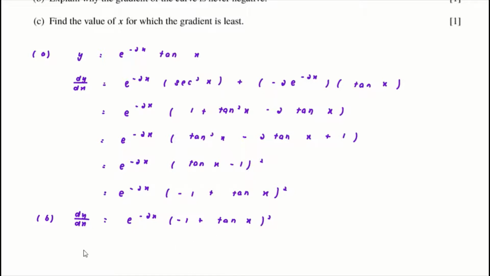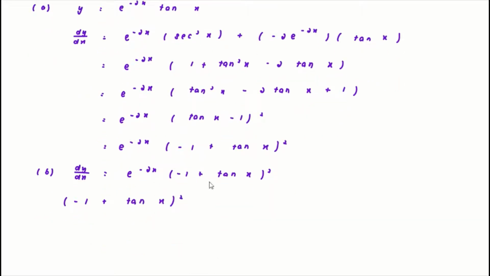Sorry, why do I keep messing that up? Negative 1 plus tan x, squared. Tan x can be any positive number basically. No matter what you get inside here, after squaring it should be a non-negative number, so this thing will be greater than or equal to 0.